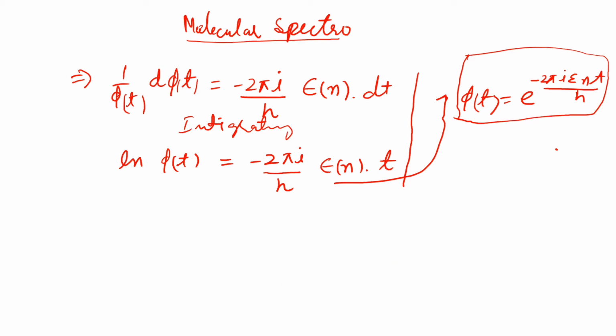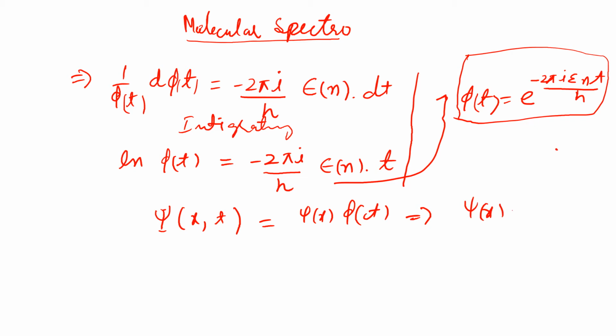This derivation is very lengthy, so you have to keep that in mind. One thing we know from the previous lecture is that the big psi x t is a function of this equation, so it is psi x times phi t.